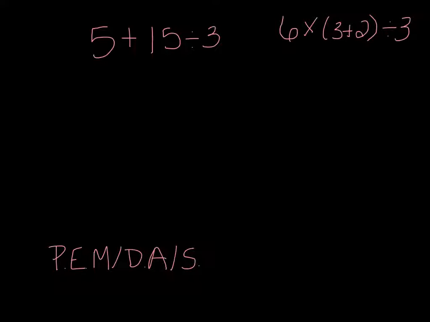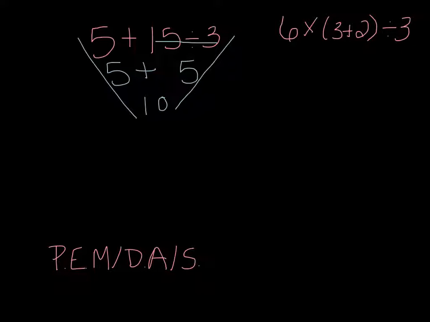So I look at 15 divided by 3, and I know that that is 5. I go back to the start of the problem and I read again from left to right, and just drop down what's left of the expression. I'm now left with 5 plus 5. And I can add that and I get 10. Here's my triangle. This expression simplified would be 10.